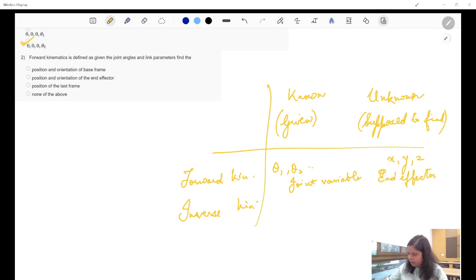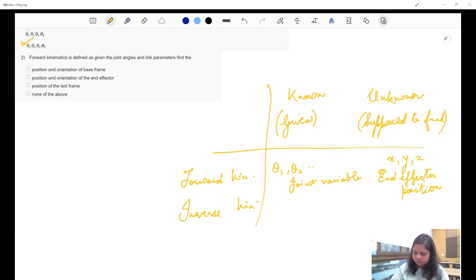I hope everybody is clear with what is end effector. That should not be a problem. End effector is basically the last manipulation point of the robot, which is supposed to interact and manipulate the environment.